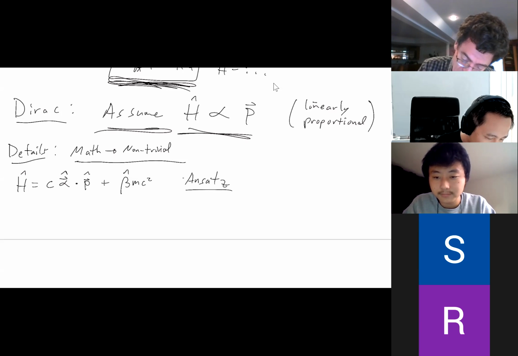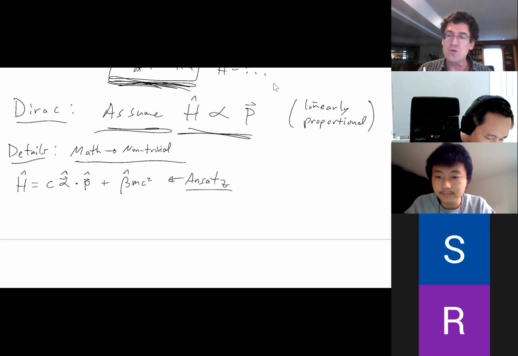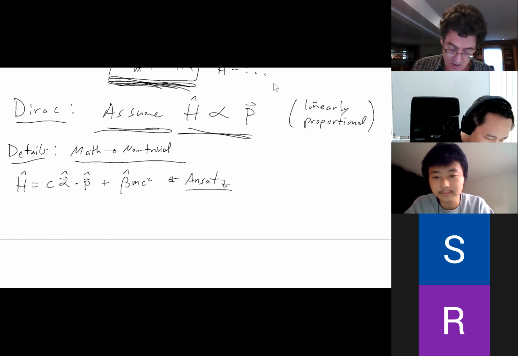So what Dirac did was he said, let's assume that the Hamiltonian has this form, and then just follow it through and see if it works.